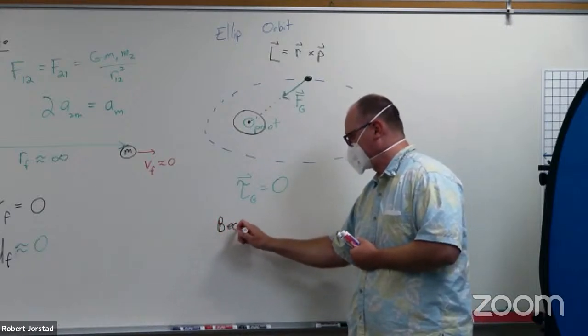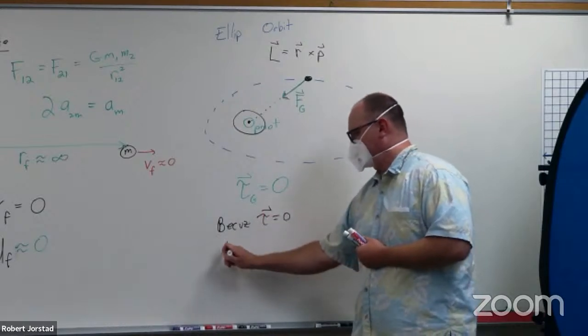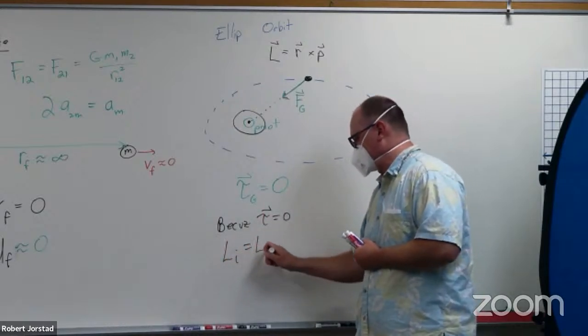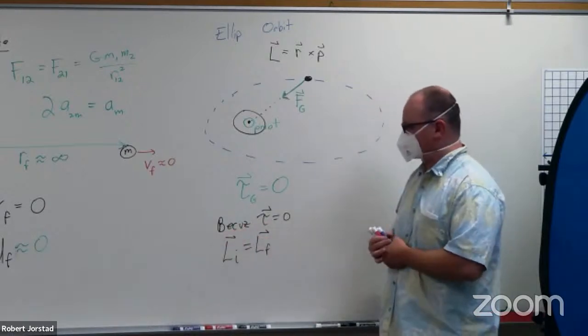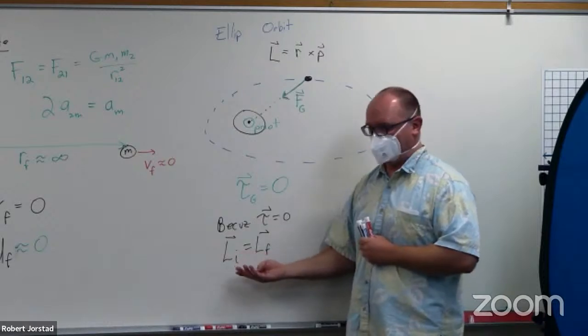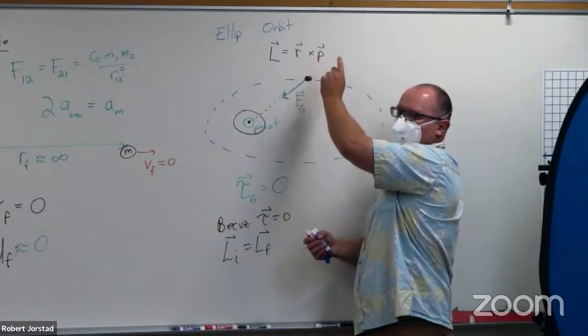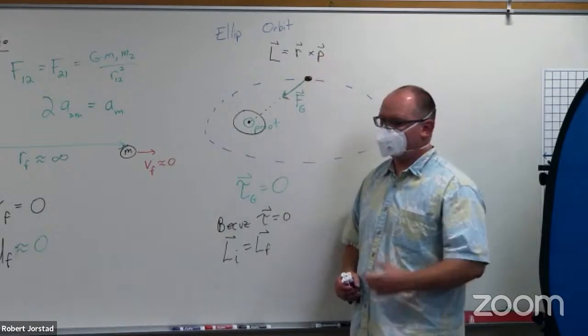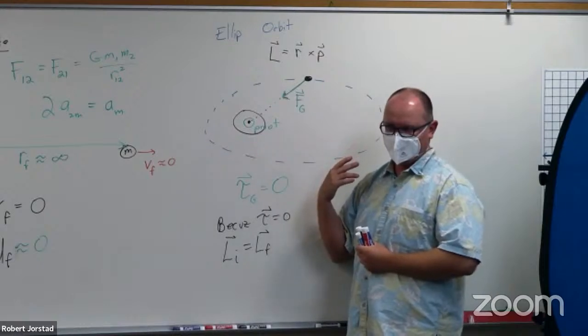Because torque equals 0, L initial equals L final. So for elliptical orbits, you could use conservation of angular momentum. And if you could figure out the angular momentum at one point in the orbit, we should know the angular momentum at any point in the orbit. Got it?